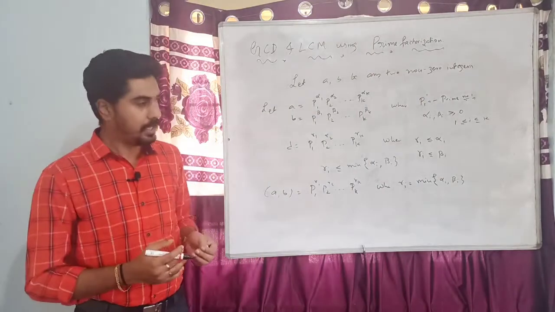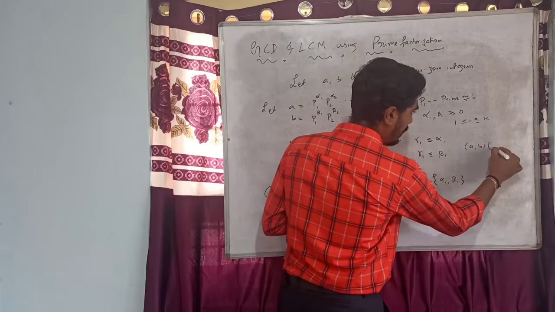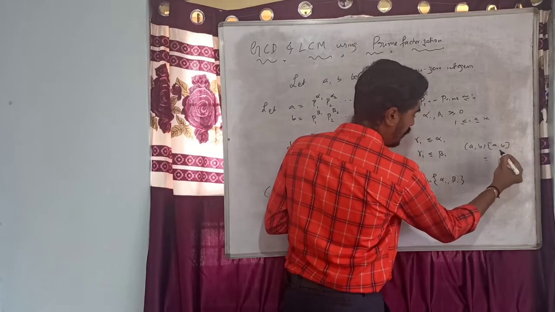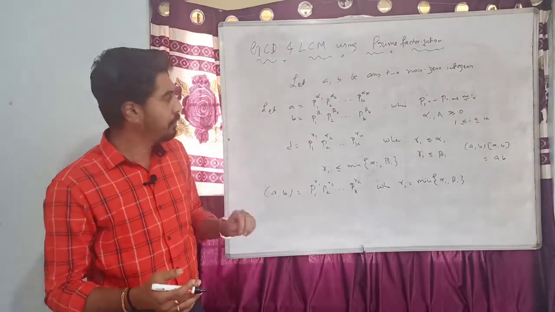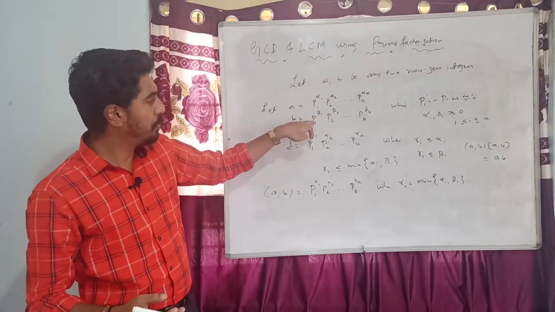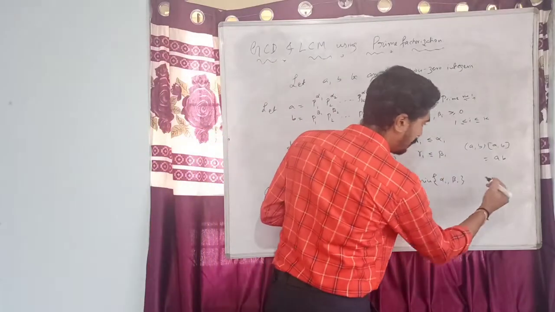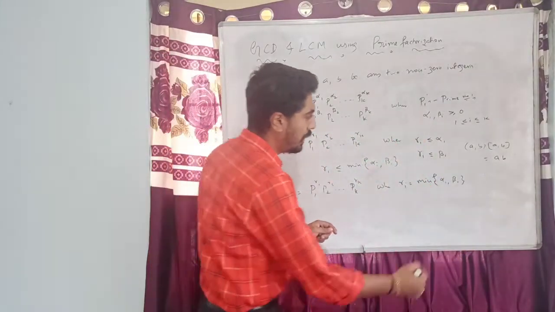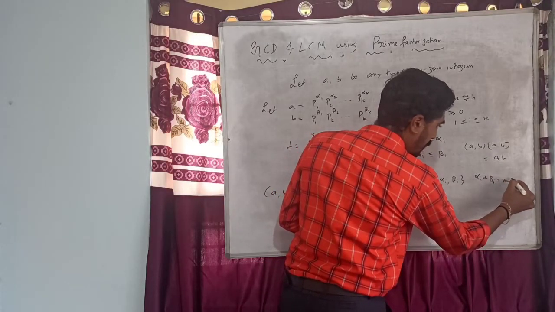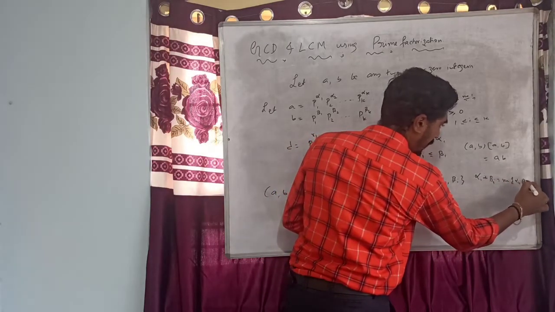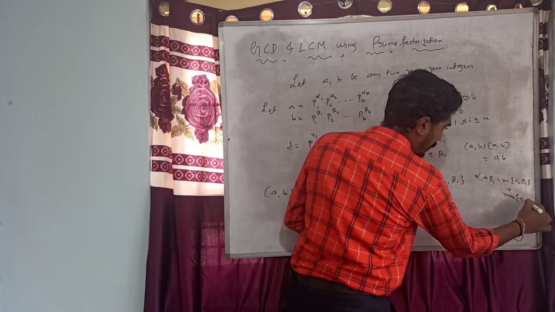Now we know that the product of GCD and LCM is equal to ab. If I multiply this, I get p1 power alpha 1 plus beta 1, in general pi power alpha i plus beta i. So we have alpha i plus beta i equal to the minimum of alpha i and beta i plus the maximum of alpha i and beta i.